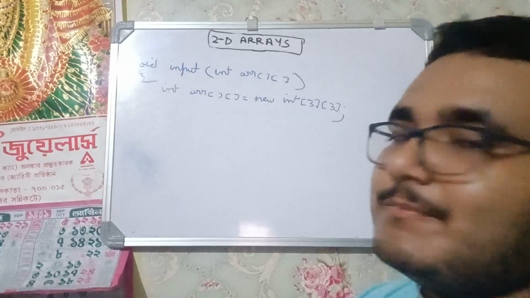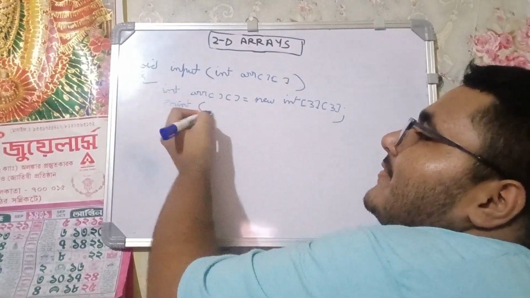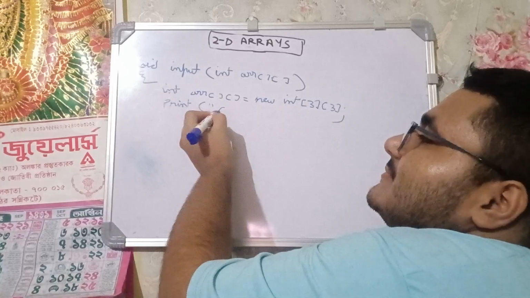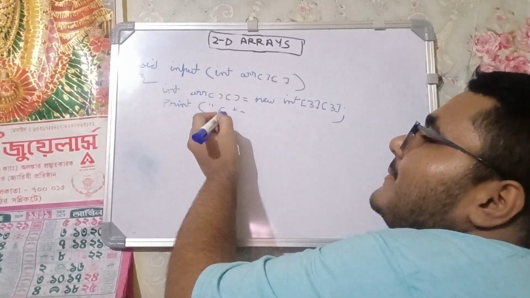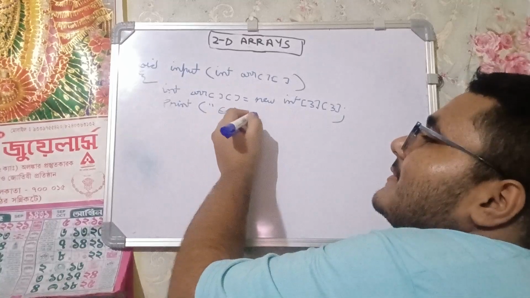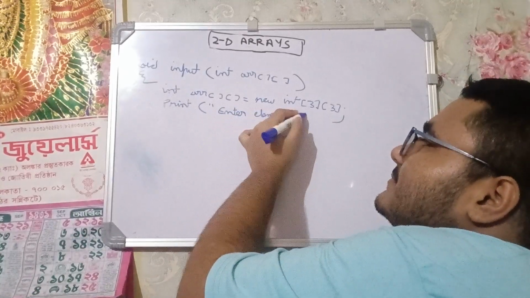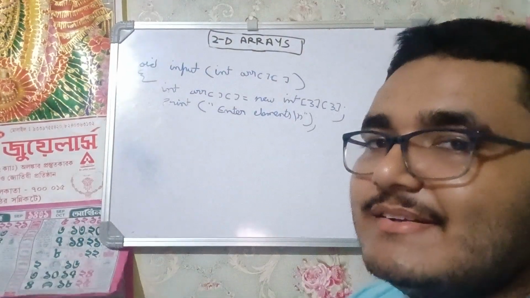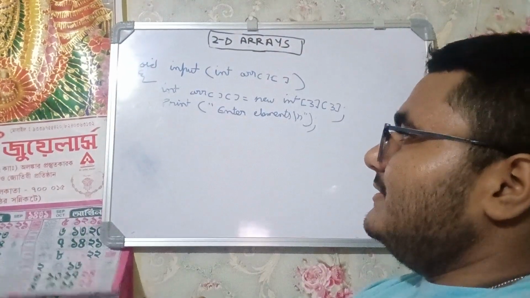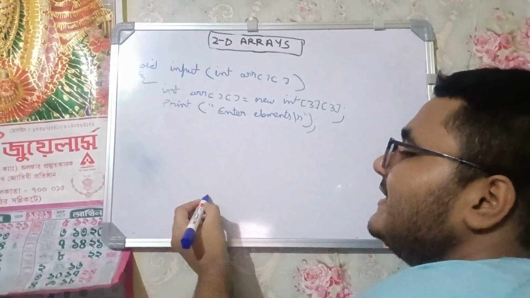Whatever the variable, I need to print one message here: enter size, or say, enter elements. Now, how do you take the input?